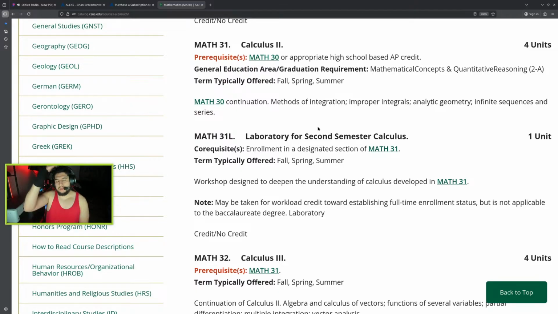It unlocks more of those classes that have math prerequisites, so I'll have more choice, and I could pick and schedule my classes ahead of time for the future semesters.